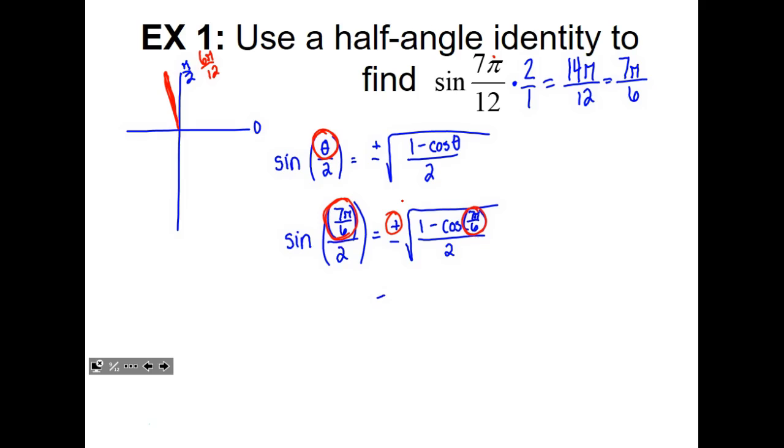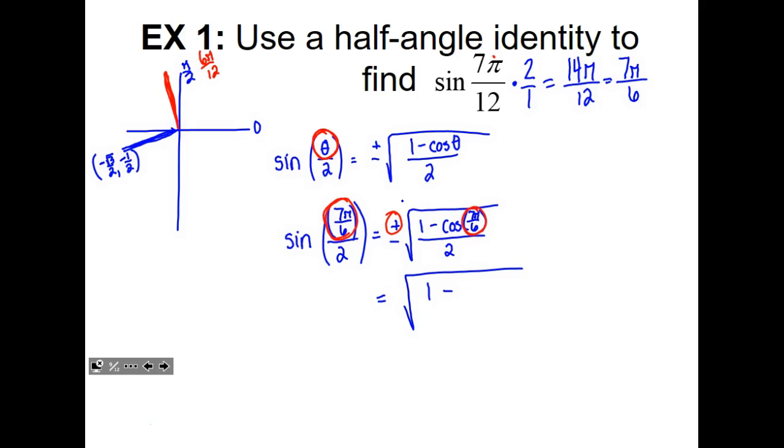So this gives us the positive square root of 1 minus cosine of 7 pi over 6. Not one we remember really well, probably. 7 pi over 6 is right here. And 7 pi over 6 would have the coordinates negative root 3 over 2, negative 1/2.